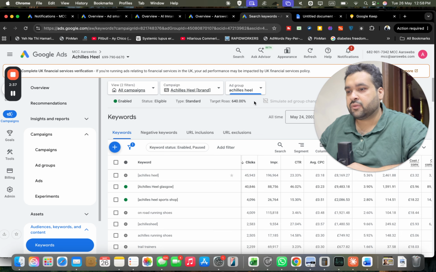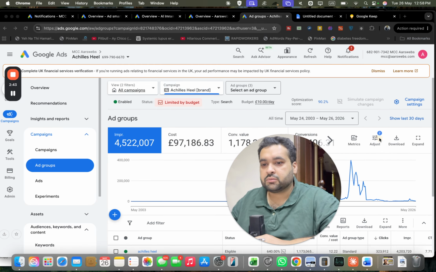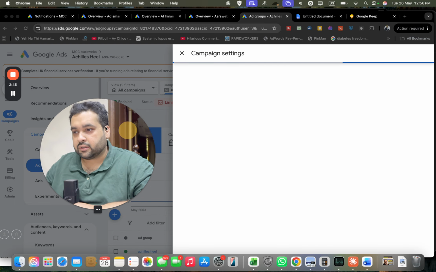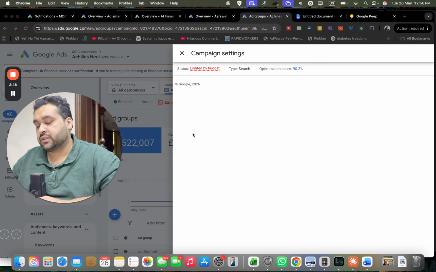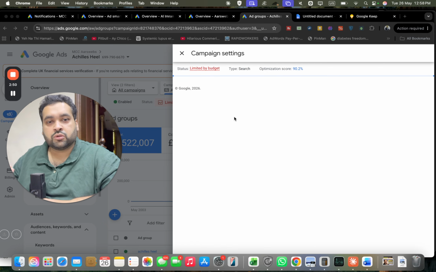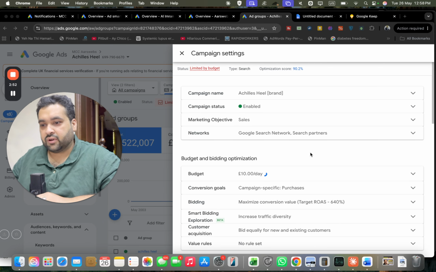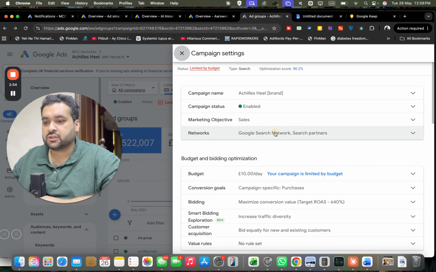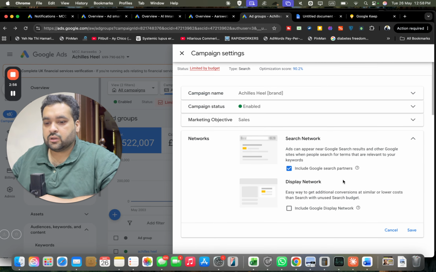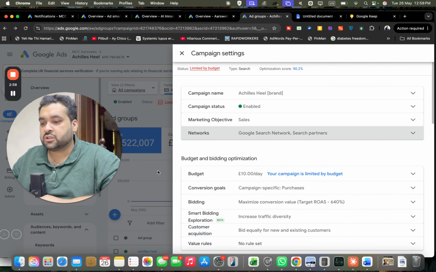Let's say a campaign has search partners enabled, then this situation arises. And why? Because Google does not count the search partner conversions and give credit to keywords. So you can see the search partners over here, and for those conversions, this is not being mentioned.